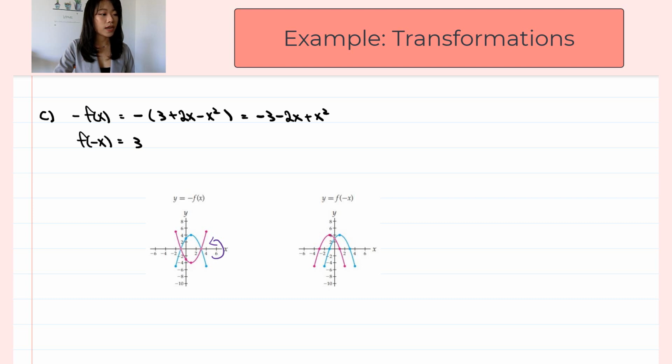We have 3 plus 2 times negative x, then minus (negative x) squared, which is 3 minus 2x minus x squared. If we look at the graph, although it looks very similar to a horizontal translation, because a quadratic function is symmetric about its pivot point, this is also a reflection about the y-axis.